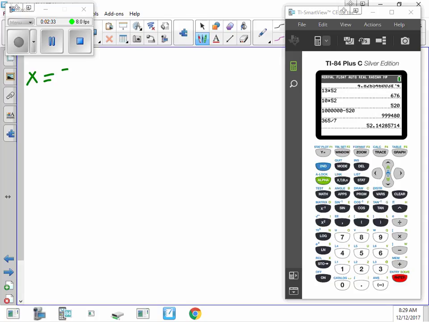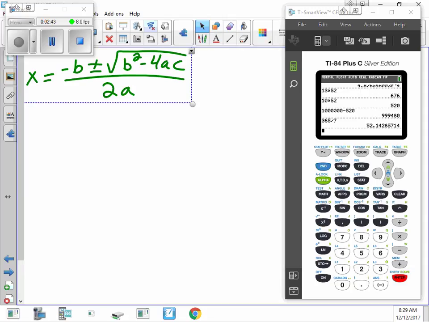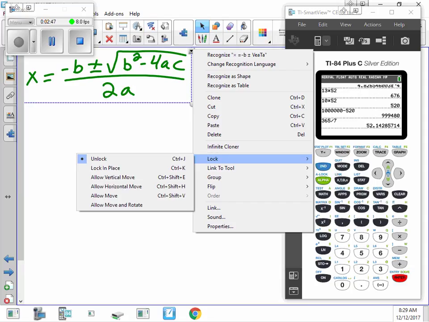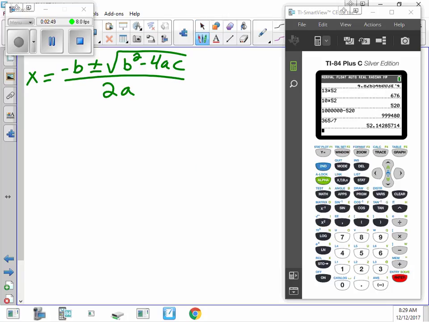X equals negative b plus or minus the square root of b squared minus 4ac over 2a. And the nice thing about this formula is it always works. It works when the answers are nice. It works when the answers are irrational, which means they have some square root in them. It works all of the time.